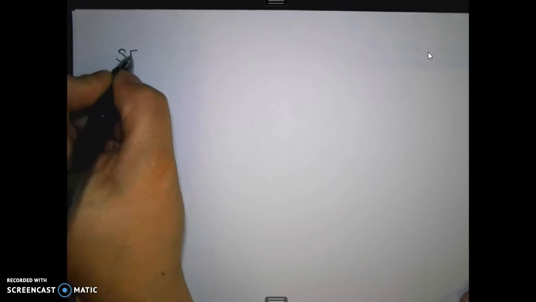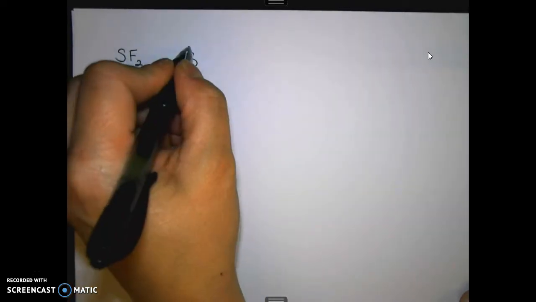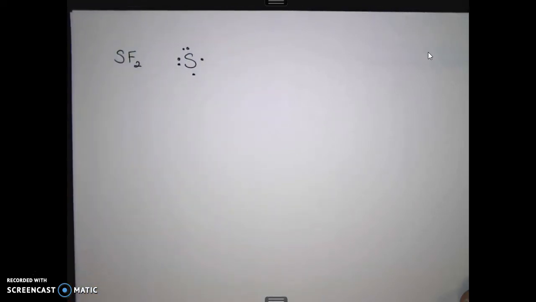So the first one you had to draw was SF2. And if you remember what you learned first year, sulfur is going to be the central atom. It has 6 valence electrons. So 2 pairs, 2 singles. And then fluorine each has 7.